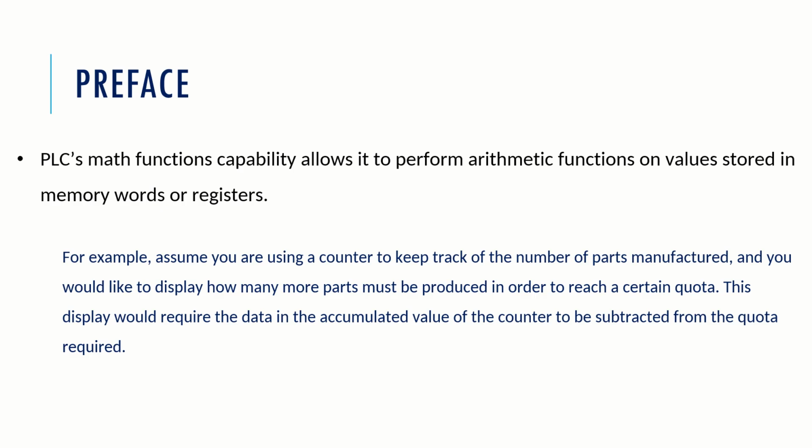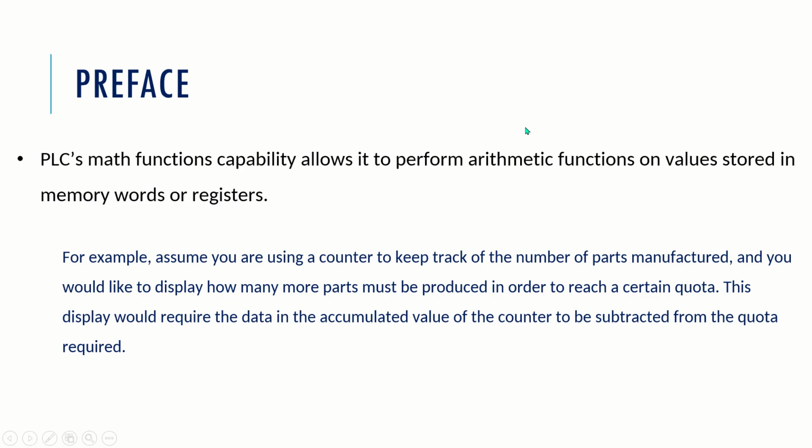So we have given here an example where you are using a counter. The counter is used to keep track of the number of parts which are manufactured, and there is a display, and this display is responsible to show us how many parts must be produced in order to reach a certain quota.